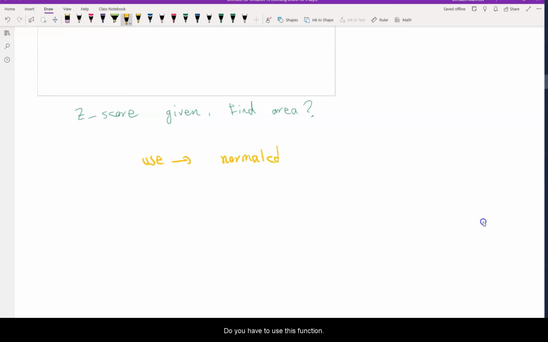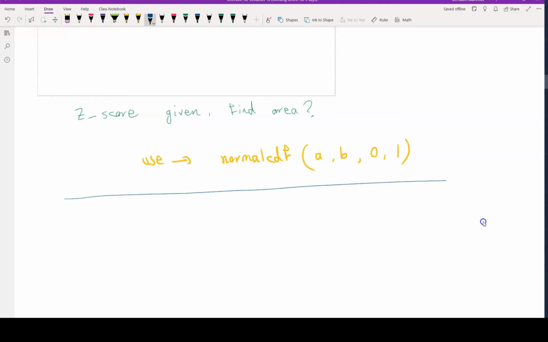So you have to use this function and enter what you have for starting point, ending point, mean is 0, standard deviation 1. So in this chapter, we had z-score. Sometimes we don't have a z-score. In that case, we have to convert to z-score first and then use 0 and 1 here. If not converting to z-score, you're not able to use mean 0 and standard deviation equal to 1.